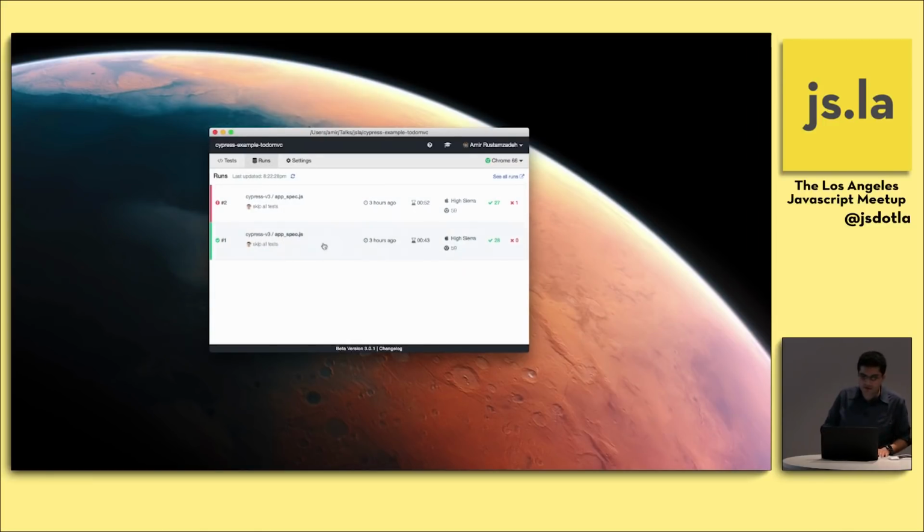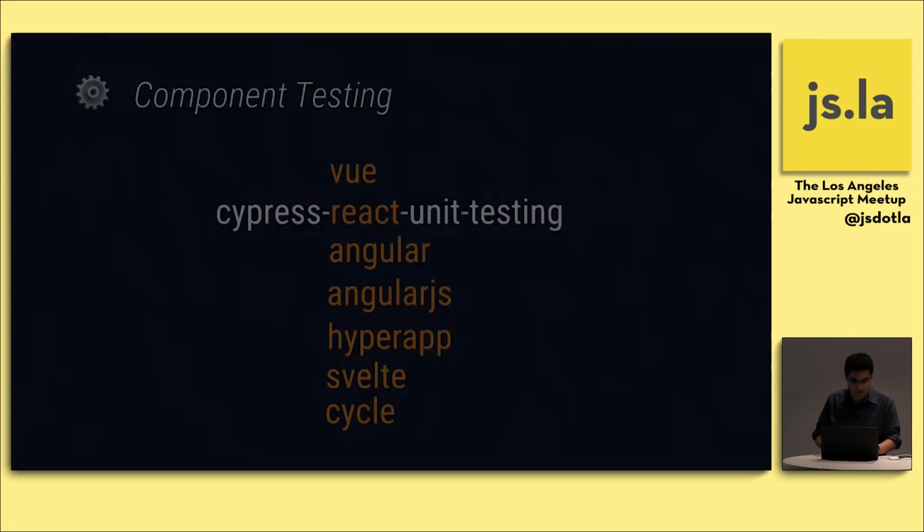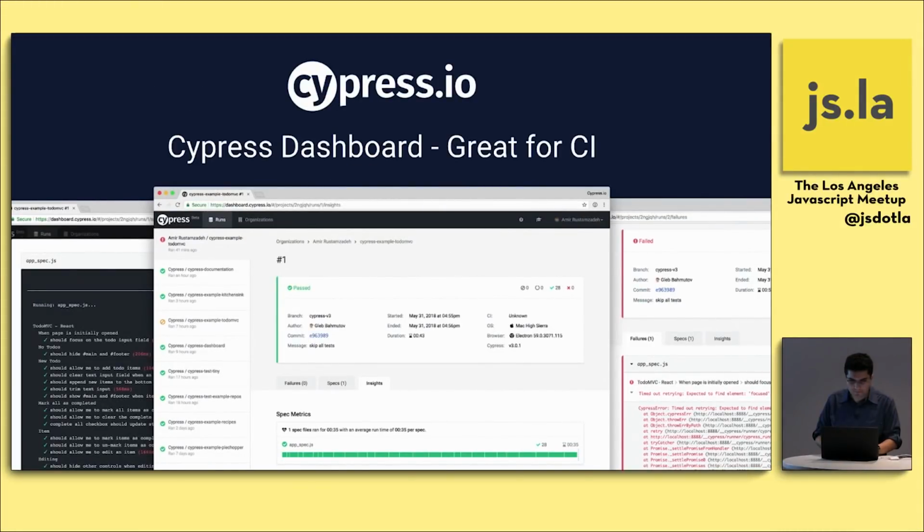If this hadn't run a couple of times, when you go into runs, you're going to get a project ID and a record key. And let's see how those get used. So I'm going to close this out now. So now we're going to see how we can use the headless mode and how it relates to the dashboard.